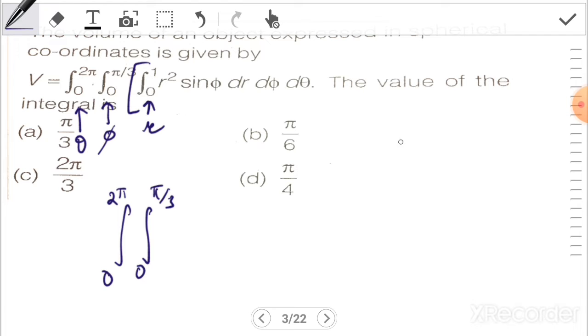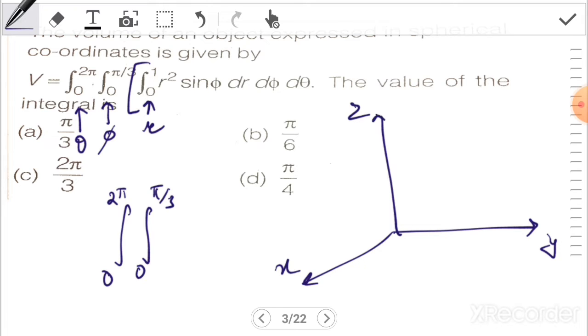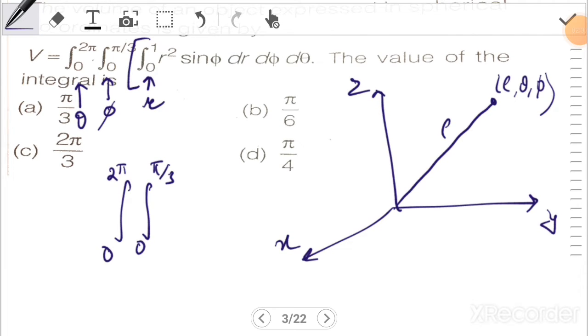See, the spherical coordinate system consists of three quantities: rho, theta and phi. If this is x, this is y and this is z, say this is rho, theta and phi. Rho is the distance from the origin to the point, and we require rho to be greater than or equal to 0.